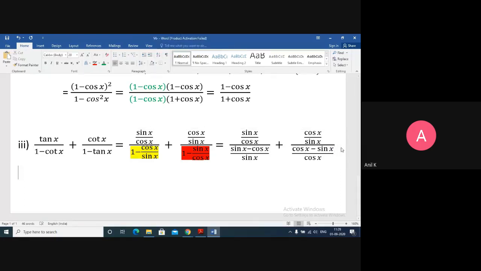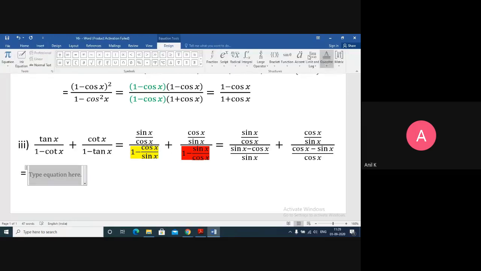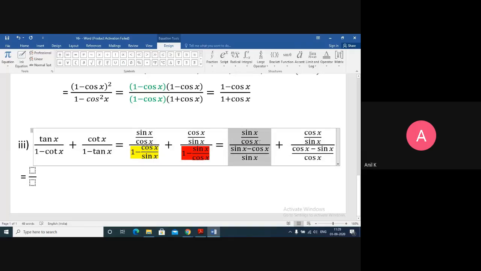So I have taken the LCM for both the terms. Do you see any cancellations in the denominator of the first term? Here it is cos x, and no cancellations.